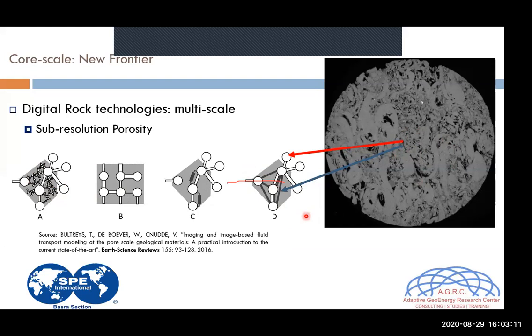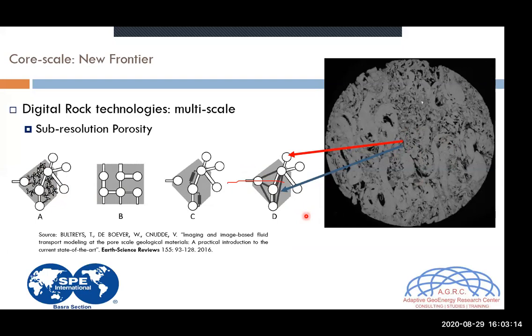You can perform this to introduce some sub-resolution porosity in your system. You are losing it when you use a specified voxel size, but you can recover this value if you increase your resolution and enhance your image. So it's a possible approach to populate some information in the unresolved regions here in gray, based on the high resolution results that you can obtain.